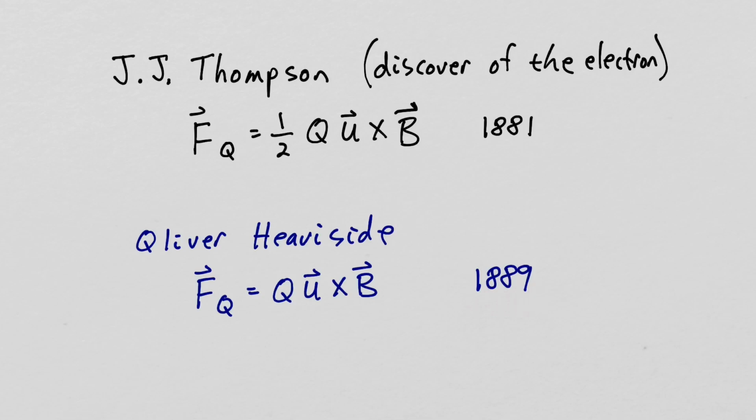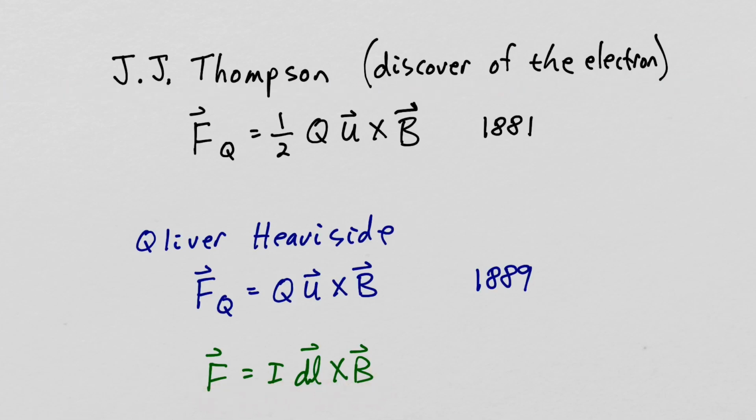As we did, Heaviside probably deduced this equation from Ampere's experimental observations that led to the force on the current element IdL. We will actually see the direct observation of this fundamental result when we look at mass spectrometers.